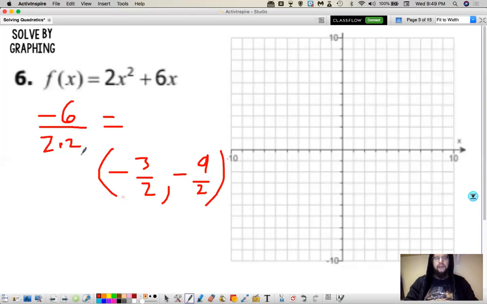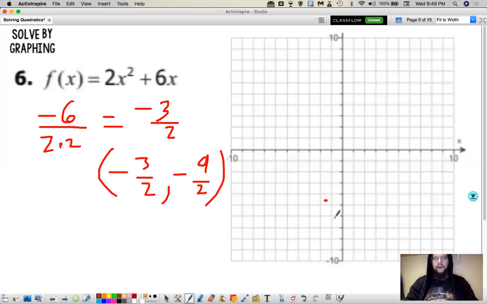Okay. Now, of course, this is going to be negative. That's 6 over 4, which is 3 halves. But I didn't feel like plugging that in my head. That's why I used the calculator. Calculators are good for that. That's negative 1.5, negative 4.5. There-ish.